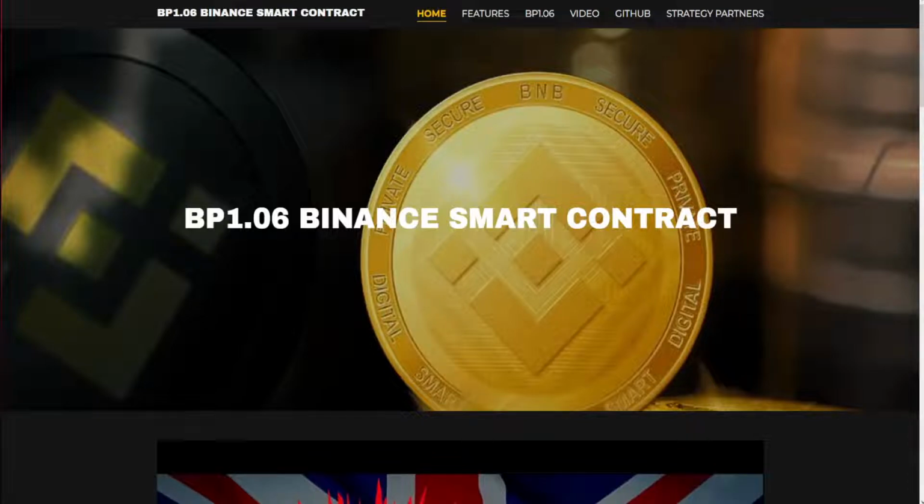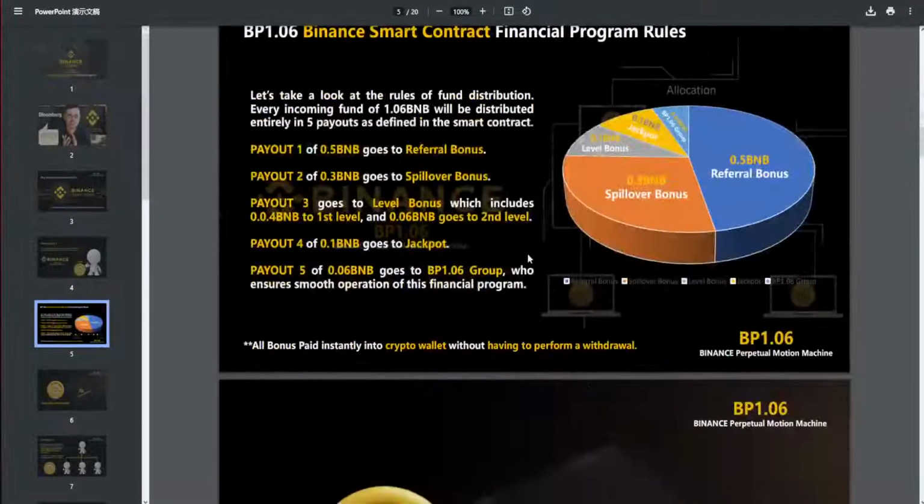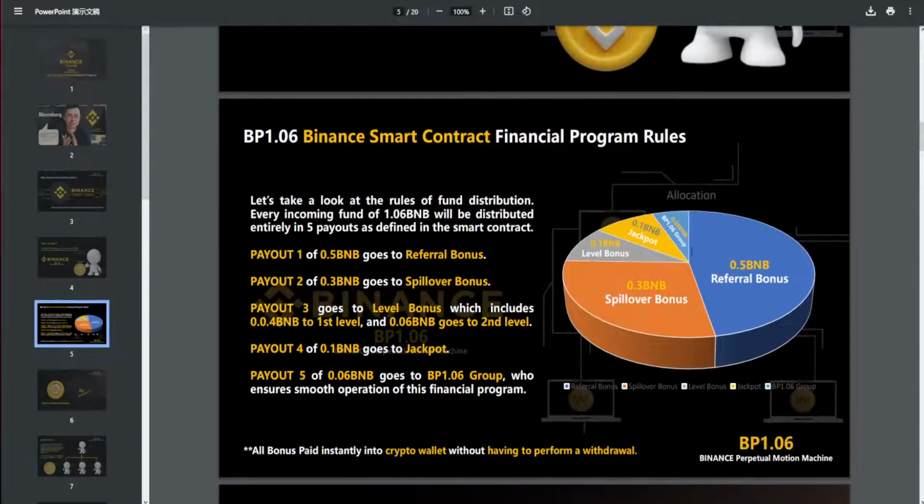Of course, the percentages are different, but this is how they make this whole structure, which is commonly known as the pyramid structure. There are different bonuses: the referral bonus, the spillover bonus, the level bonus, and also a jackpot bonus, which is kind of different.